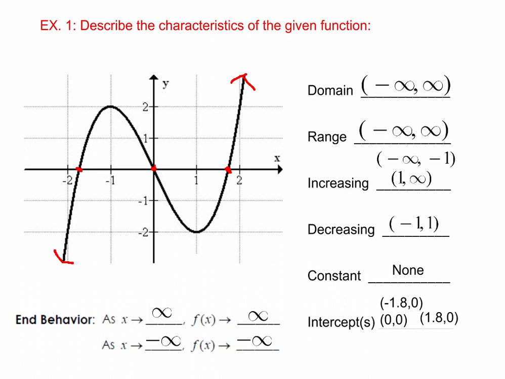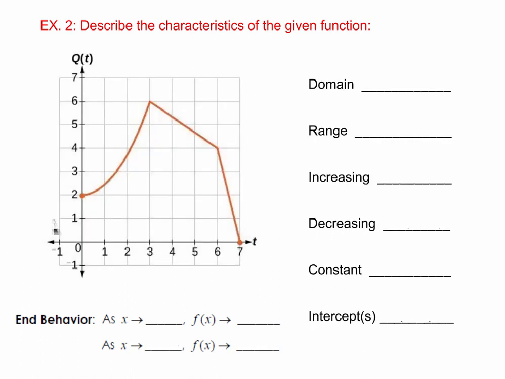All right, let's take a look at one more example. This function's a little different. Instead of having arrows, this one has endpoints, so our answers are going to be a little bit different. Because I have an endpoint here at 0 for my x value, this is the point 0, 2, and this is the point 7, 0.